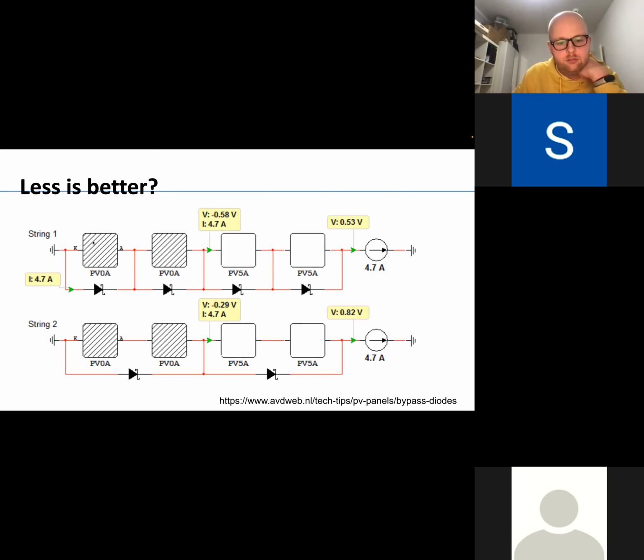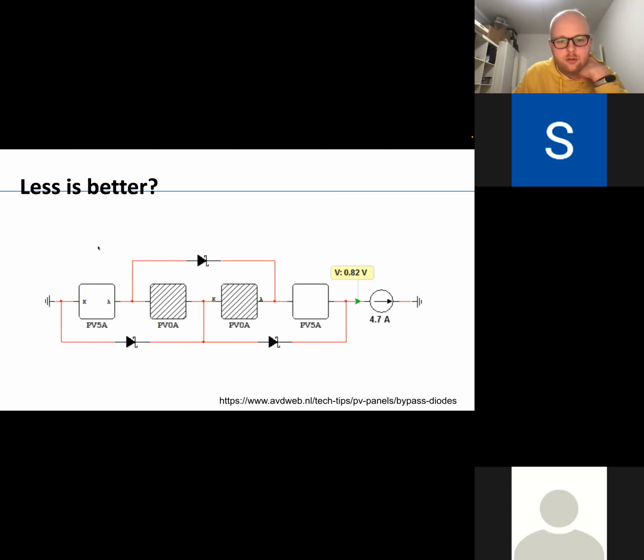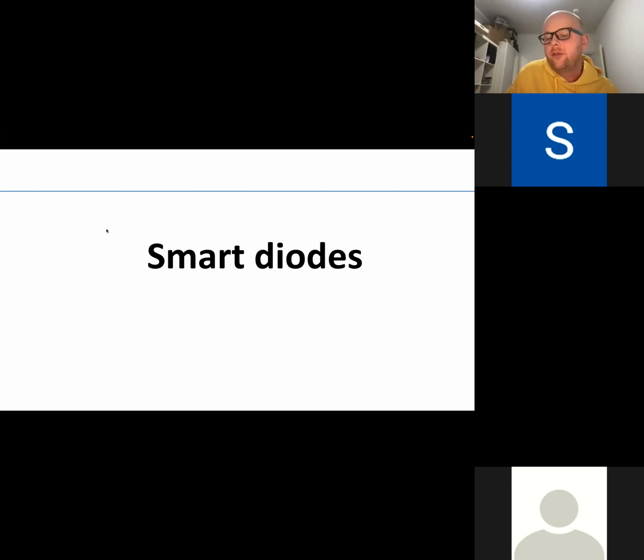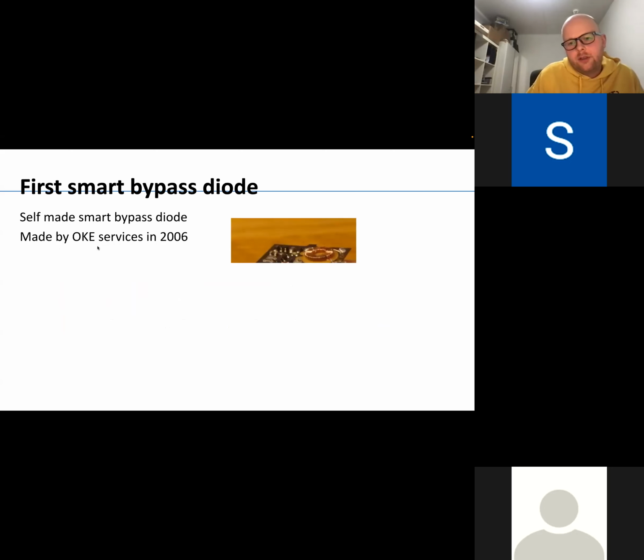There are lots of ways to optimize your diode connections. I'm not gonna go into it in depth because it's only relevant if you're using non-ideal diodes, and nowadays you can buy smart diodes, which is something that got pioneered in 2006, I believe, by a small company called OKE Services in the Netherlands.